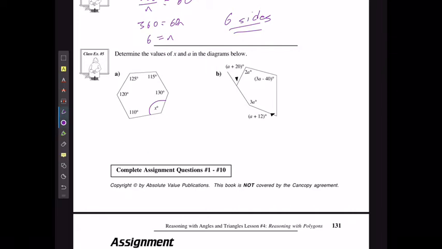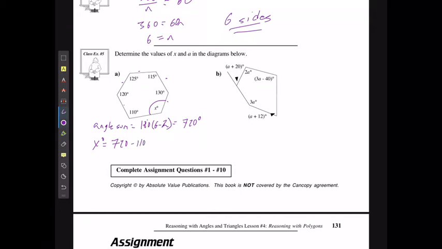Well, I have 1, 2, 3, 4, 5, 6 sides, which means the angle sum is going to equal 180 times (6 minus 2), or it all has to add up to 720 degrees, which means that the angle x is going to be the total 720 minus all the other angles.